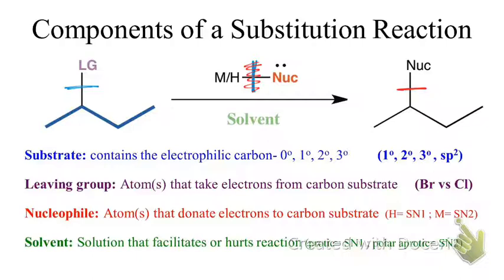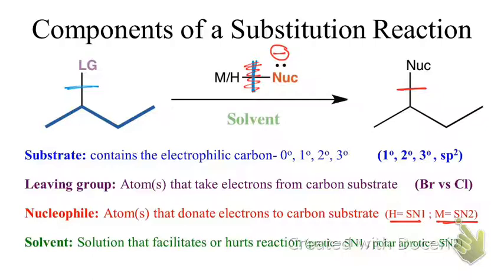Negative. Metals typically give up their electrons, so the nucleophile would be negatively charged. So if we're looking at a metal attached to our nucleophile, we're looking at an SN2 type reaction. If it's a hydrogen, we're looking at an SN1. Just so you're aware.